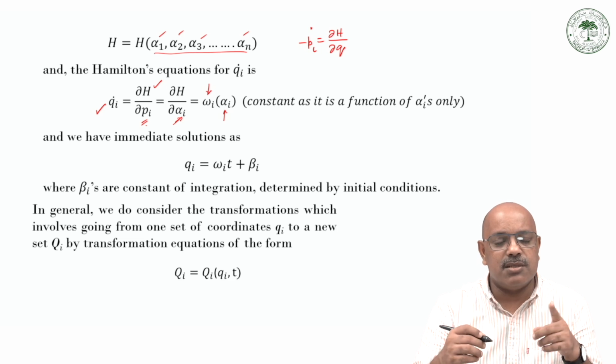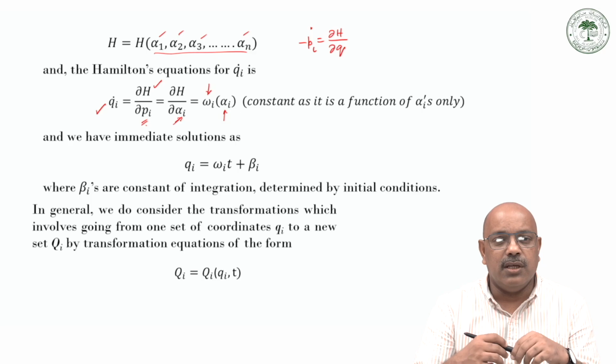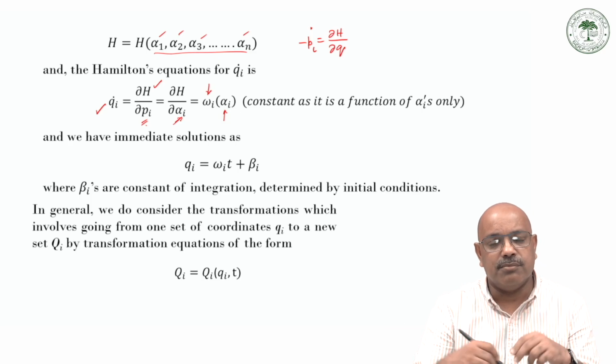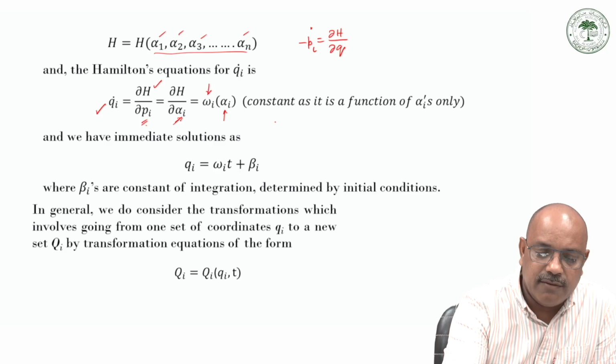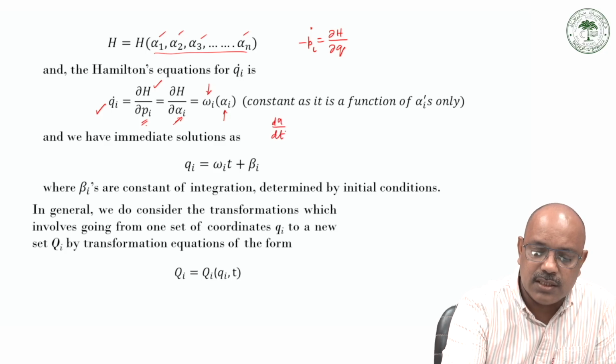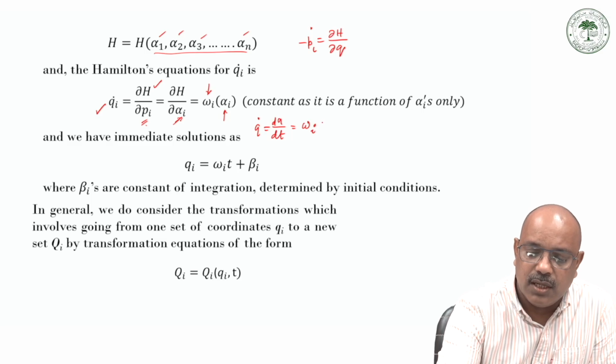In that sense my generalized velocity q dot is going to be a function of that constant. So dq by dt, that is q dot, is omega i, which is a constant depending upon this alpha.